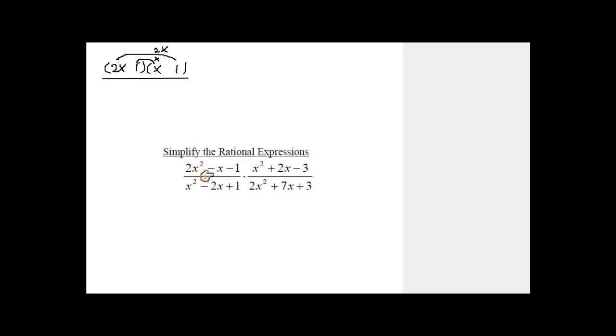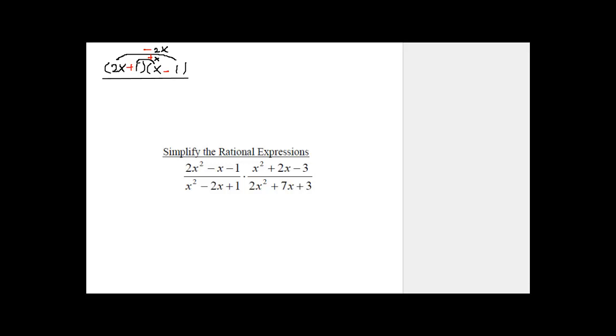Here we want to make minus x out of that. So in order to do that, the 2x must be negative and x must be positive. So we make this plus positive here, and then this 1 would be negative.